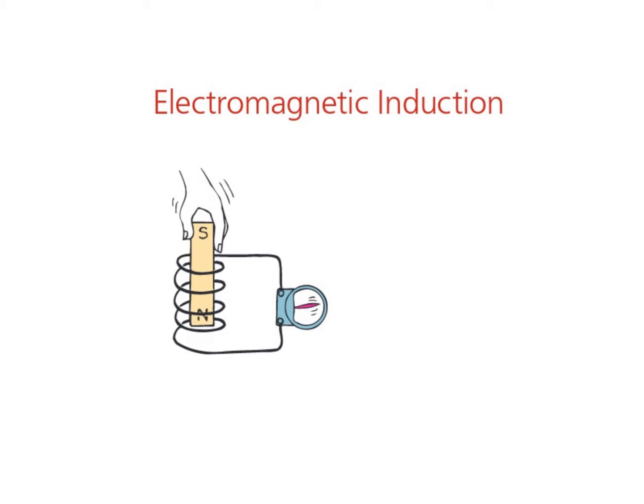So what that means is that if I push it in, the current goes one way, and if I pull it out, the current goes the other way. So the current can either go that way or the other way, depending on whether I'm pushing it in or pulling it out. And this is the basic idea of what we call alternating current.